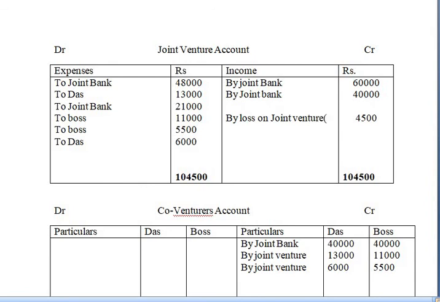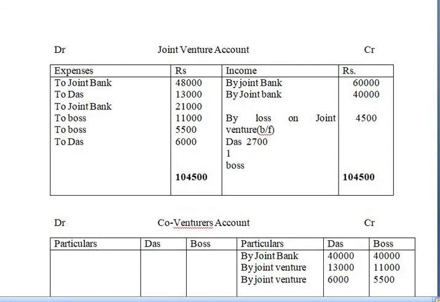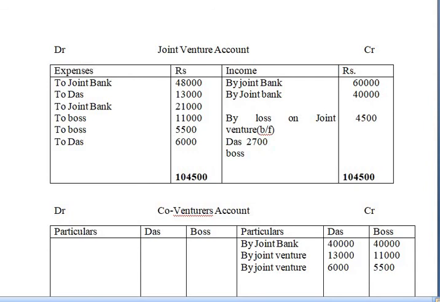So this is the balancing figure. Now loss should be distributed to co-venturers Das and Boss. So Das will be 2,700 because the profit and loss ratio is 3:2, and for boss 1,800. Now joint venture account is over.